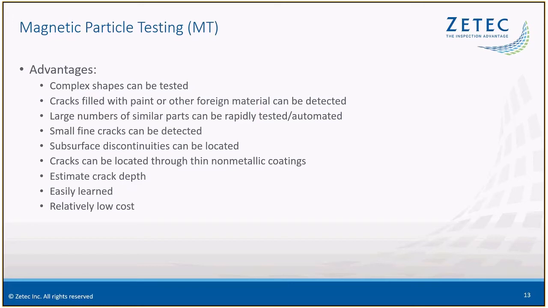Subsurface discontinuities can be detected, and you can even go through thin non-metallic coatings. So you get an approximate estimate of the depth size, and like PT, this is a fairly easily learned technique and can be low cost in terms of the materials that are used.